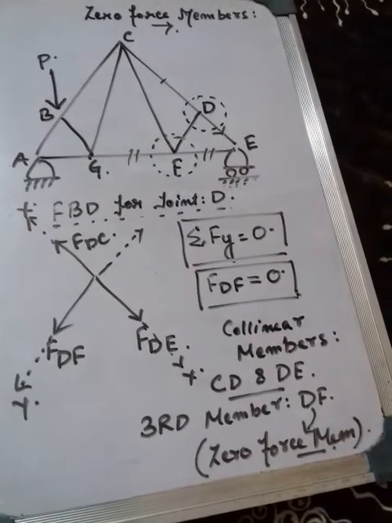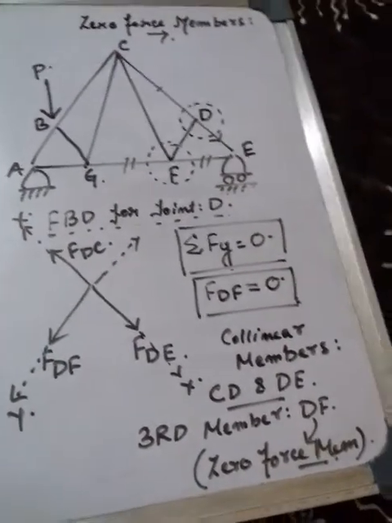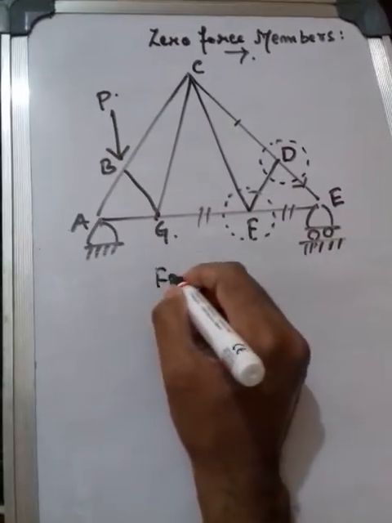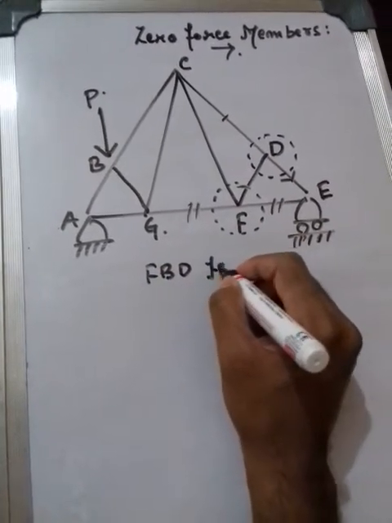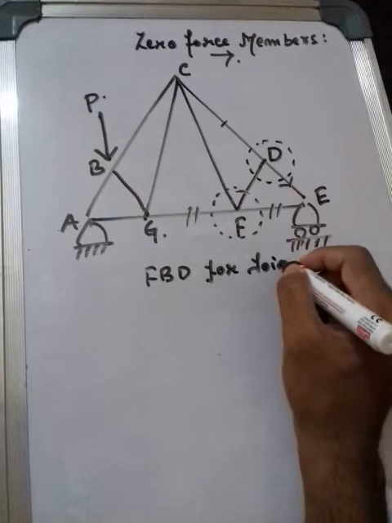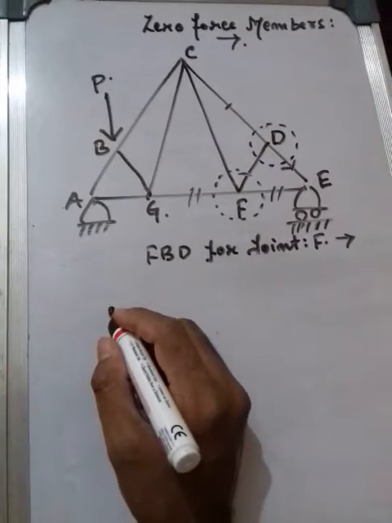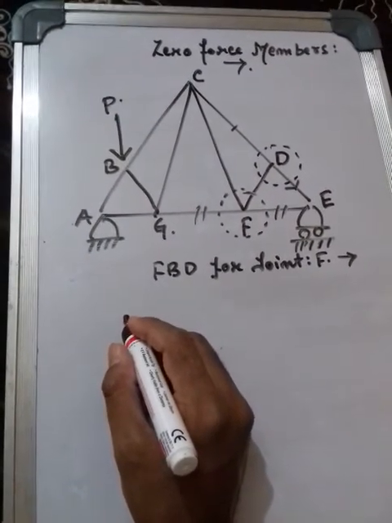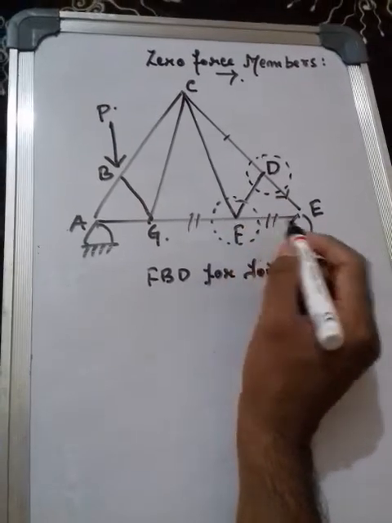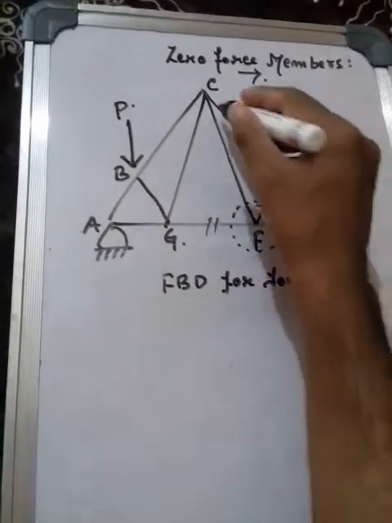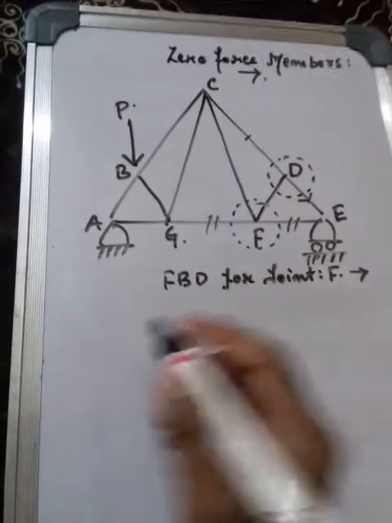Similarly, let us consider joint F. Let us see the FBD for joint F. Joint F again is a meeting point of three members, two of them collinear, GF and FE. So CF must be a zero force member. We will prove it.